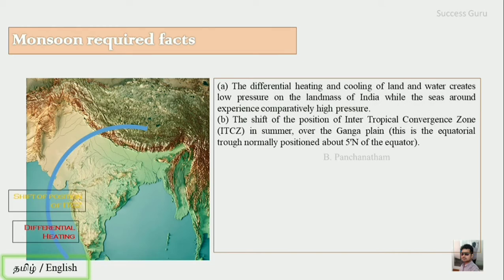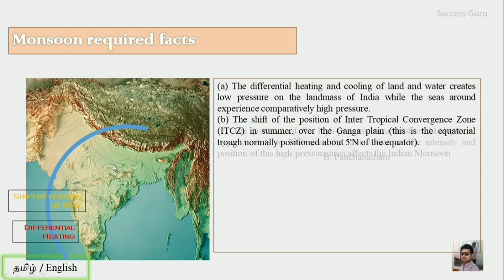The second thing is the ITCZ, the Intertropical Convergence Zone. Generally, this is an equatorial trough normally positioned about 5° north of the equator. But in the summer season, it shifts to near the Ganga plain, in the mid portion of India. The ITCZ is shifted in summer to this location, somewhere near 30 to 40° north.